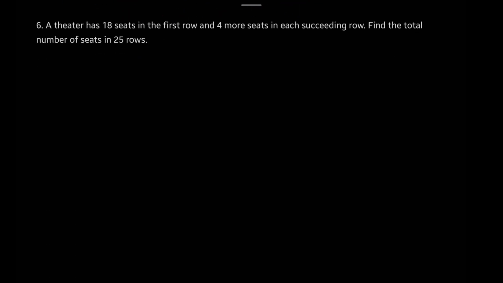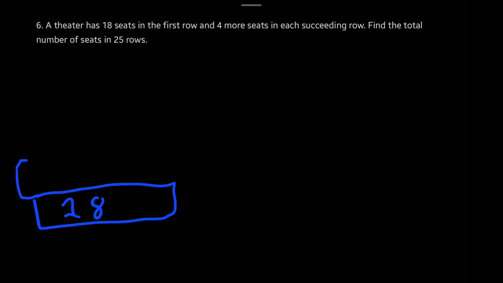So moving on. This one is much more practical and more intuitive, a real life application. It goes: a theater has 18 seats in the first row. So the first row would be 18, and 4 more seats in each succeeding row.